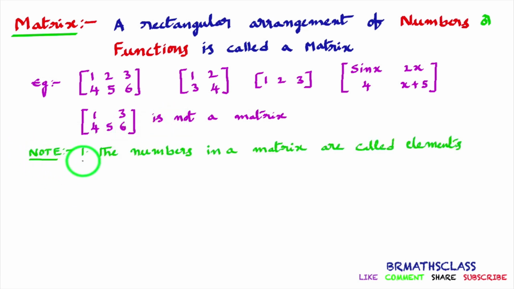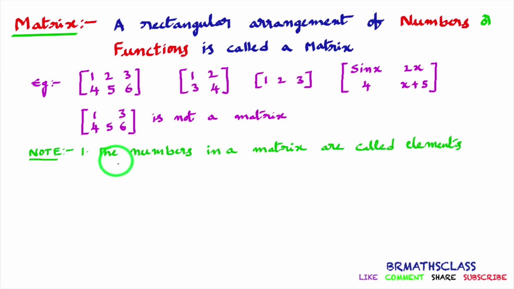See, this is the first note. The numbers in a matrix are called elements. You see here, 1 is called an element of this matrix. 6 is called an element of this matrix. 2 is an element of this matrix. Sin x is an element in this matrix. x plus 5 is an element in this matrix.